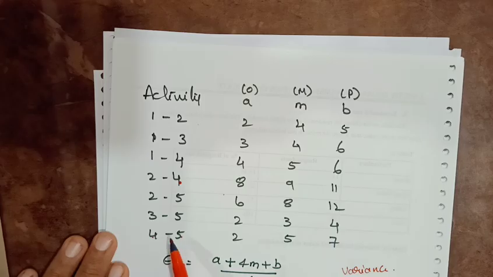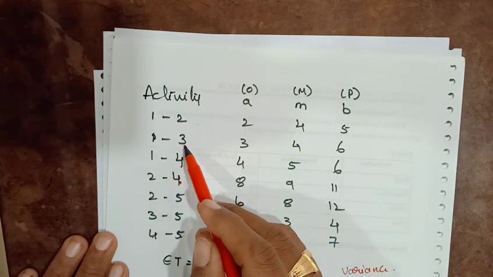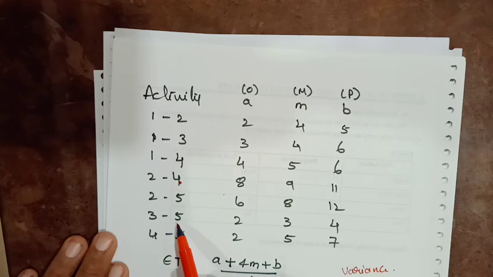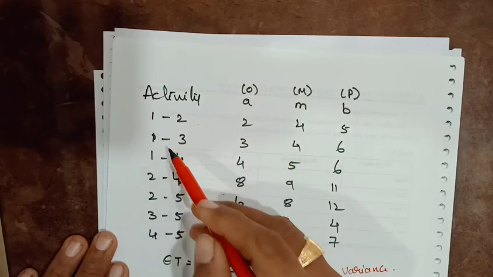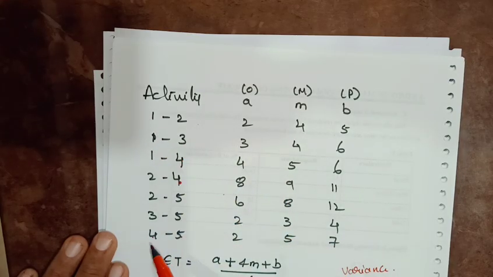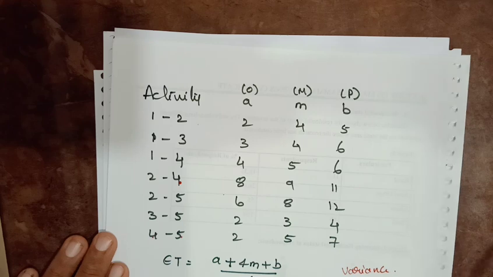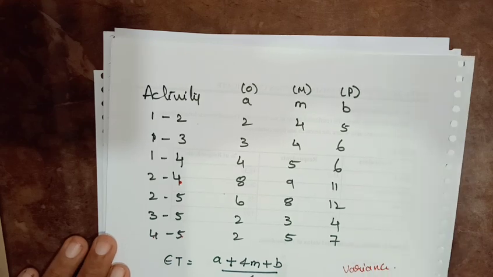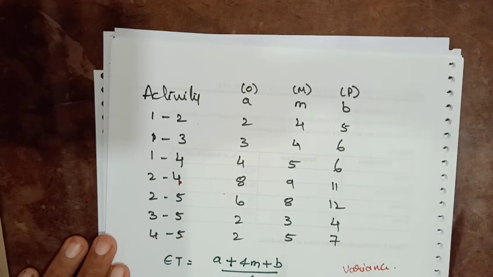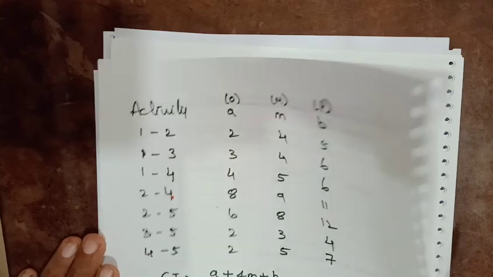Third path: 1 to 3, 3 to 5. And 1 to 4 and 4 to 5, so this is the fourth path. So let us see these paths, the expected time that we got.